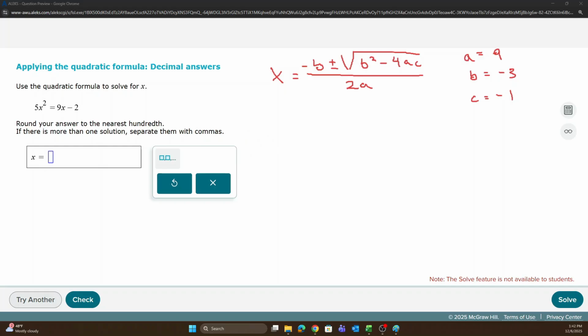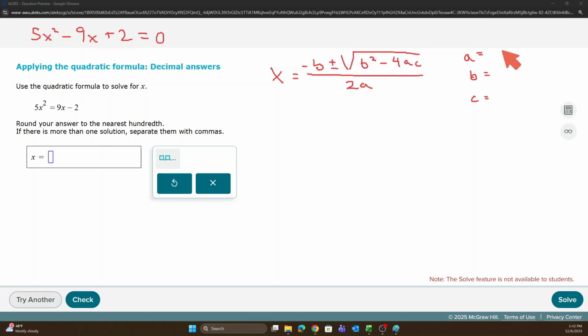All right, looking at this one, the first thing we need to do is change it to ax squared plus bx plus c equals 0. We always need it to be equal to 0 on one side. So I'll write that at the top: 5x squared minus 9x plus 2 equals 0. That changes our a, b, and c.